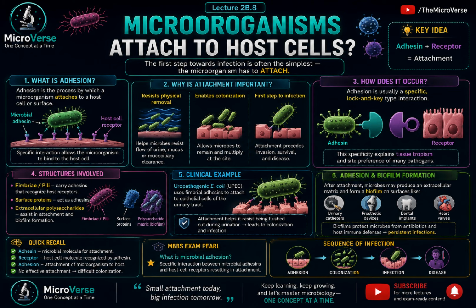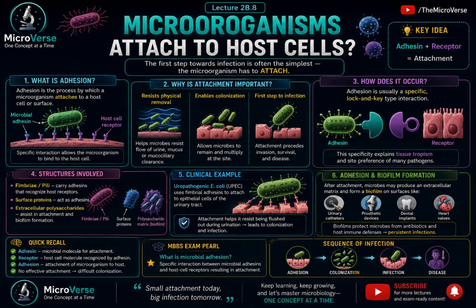So let's quickly bring the concepts together. First, adhesin: a microbial molecule involved in attachment. Second, receptor: the host cell molecule recognized by the adhesin. Then adhesion: attachment of the microorganism to the host. And the key idea is, no effective attachment means difficulty in colonization.